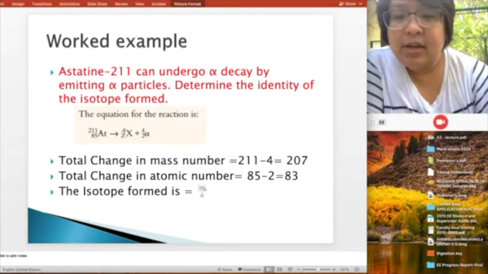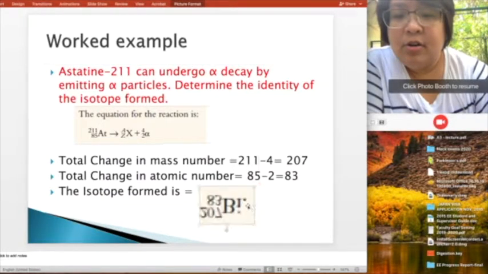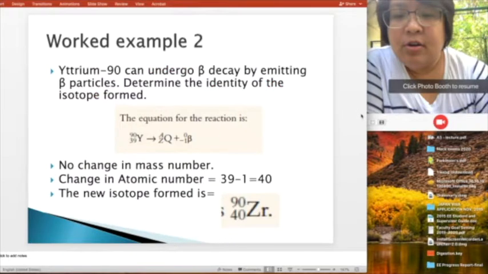So as it undergoes alpha decay, it becomes, atomic number 83, which is bismuth. Let me just check. Yes, 83 is bismuth.